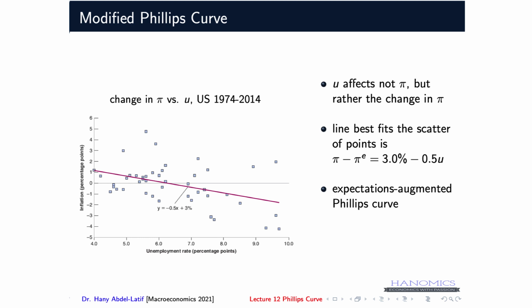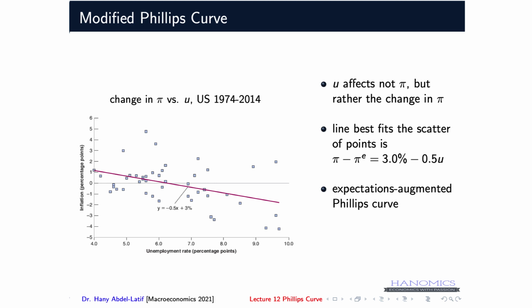You also see that the unemployment rate seems not to affect the inflation rate, but rather changes in the inflation, which again is what we discussed earlier, which is the gap between the actual inflation rate and the expectations about the inflation rate. Okay, and that might give you that inverse relationship or nicely downward sloping curve.